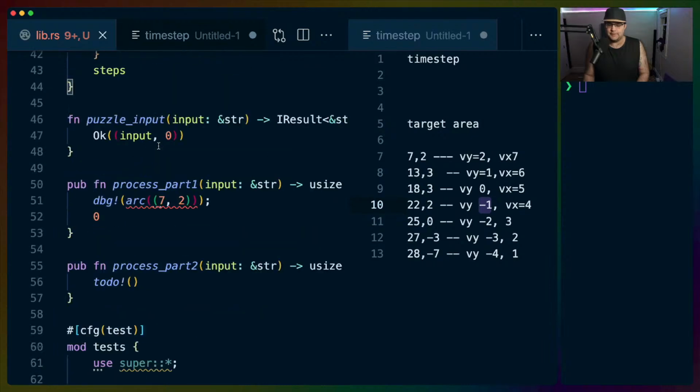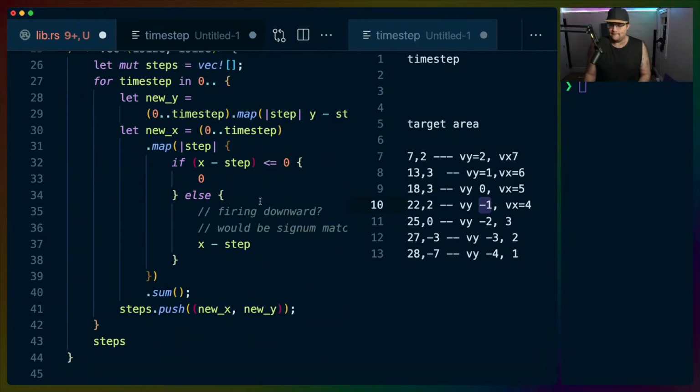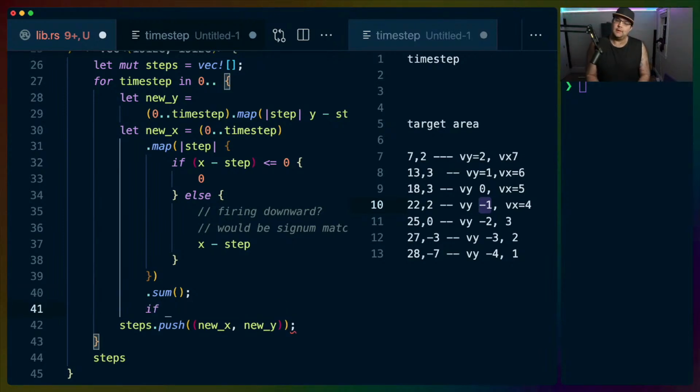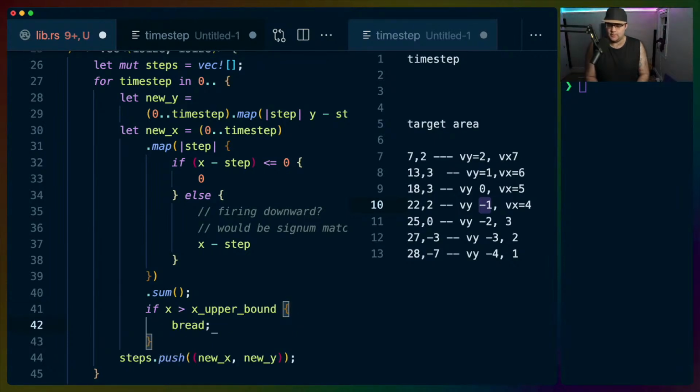So if we do this for 7, 2, I didn't give it the bounds yet. If X is greater than X upper bound, break, right?